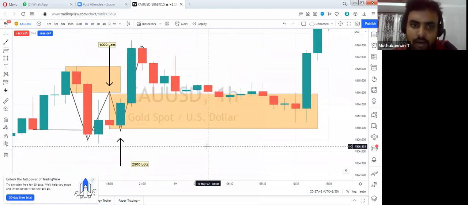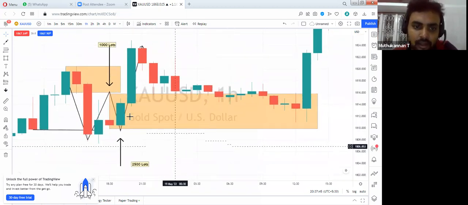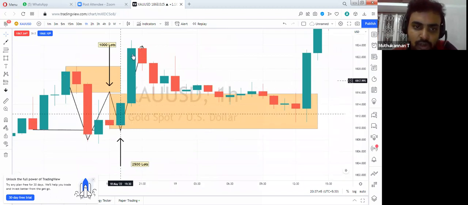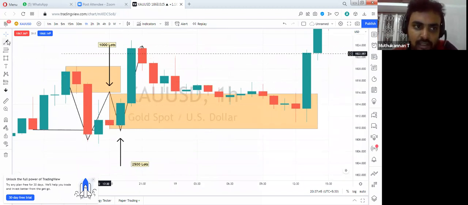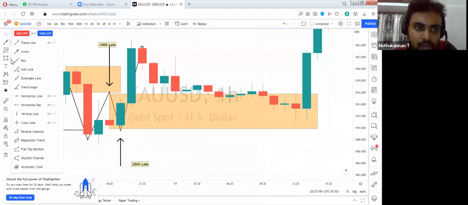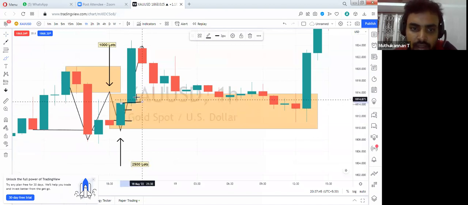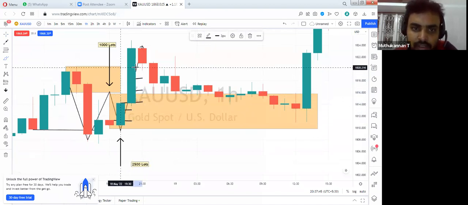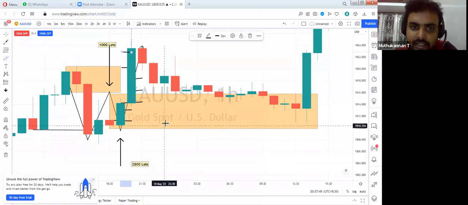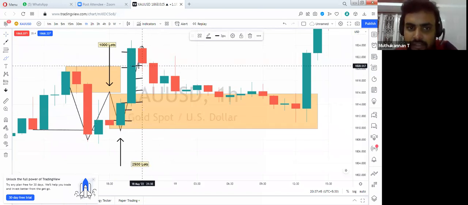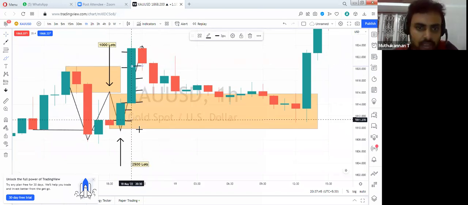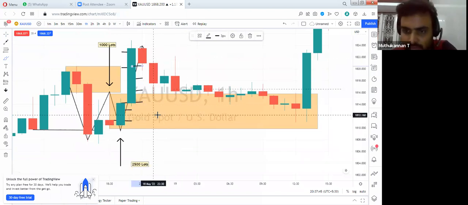Now, also tell me, guys, when you see these strong bullish candles, retail traders will be entering, correct? Retail traders also will be buying here, here, here, here. Yes or no, guys? They'll be either placing stop losses or not placing stop losses.